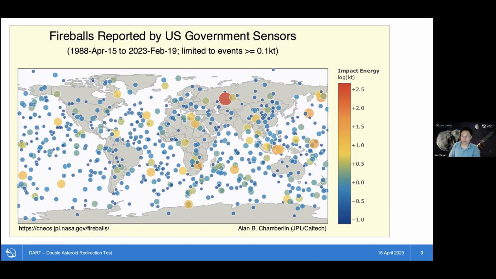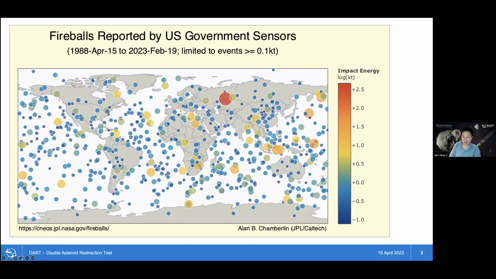And all of you must have known that 65 million years ago the dinosaurs went extinct, and right now the most commonly accepted theory is that a 10-kilometer diameter asteroid hit the Earth, and that caused a global disaster and the mass extinction on Earth. So certainly we don't want that to happen again. So there is a need for planetary defense. We need to defend ourselves from this kind of impact disaster from space.